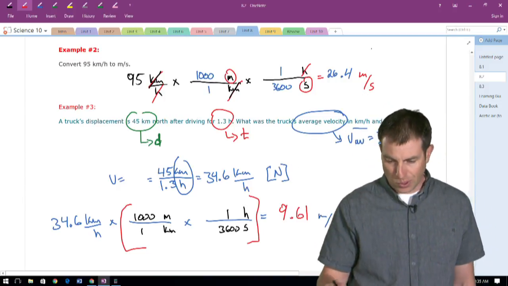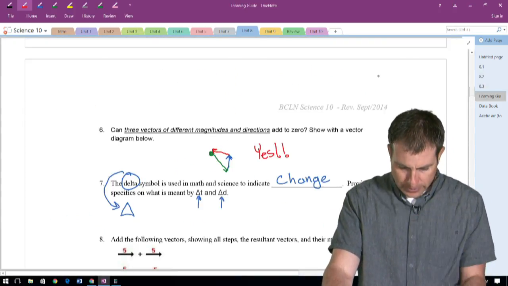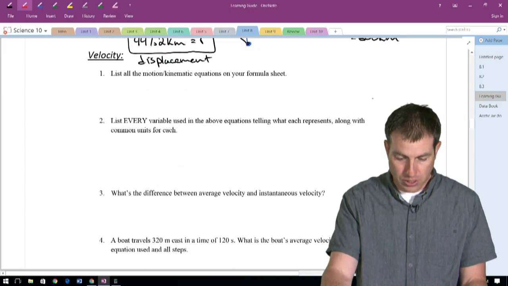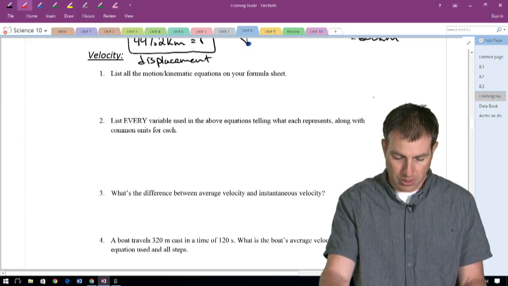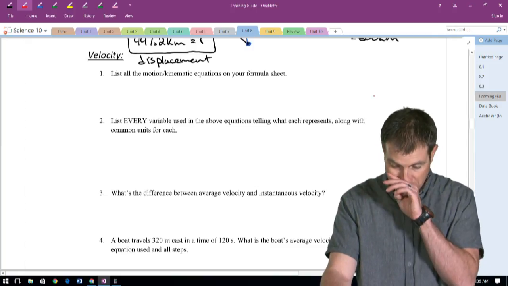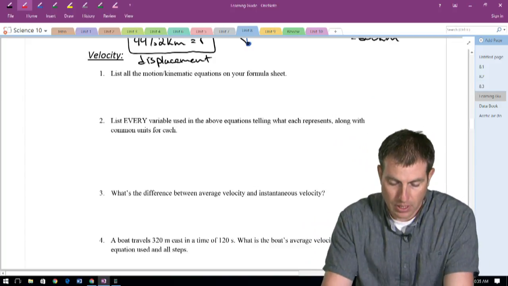All right, that's a lot of talking from me. Let's look at the learning guide here. We've done all that stuff. So velocity: list all the motion kinematic equations from your formula sheet. Those are all there, just look them up. List every equation with a variable. What does D mean? What does V mean? What does T mean? Give units.